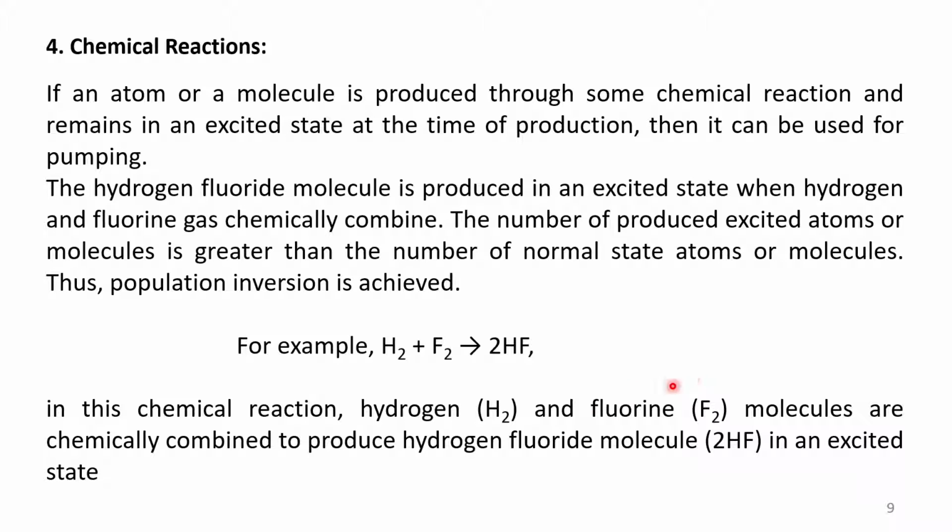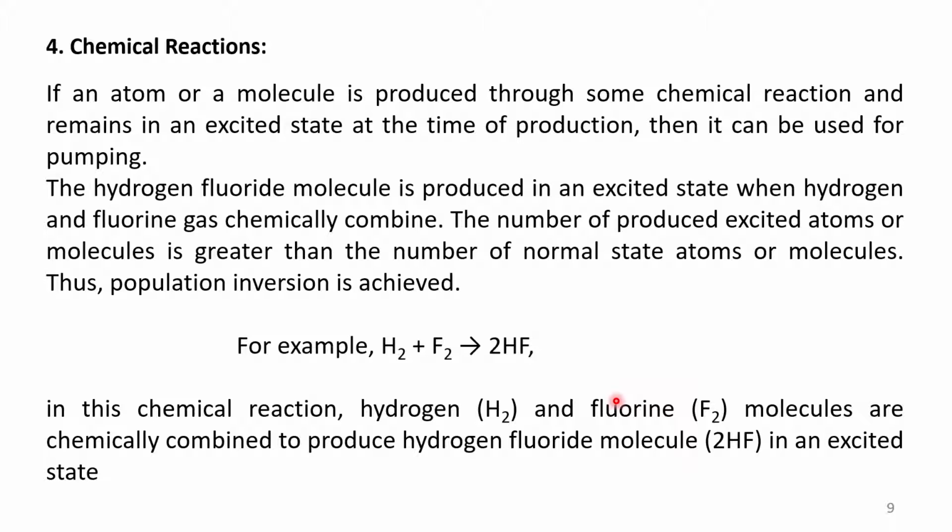Now with the help of these chemical reactions, we can easily understand that when the hydrogen and the chlorine molecules are chemically combined with each other to produce the hydrogen fluoride molecules, this hydrogen fluoride molecule will stay in the excited state.